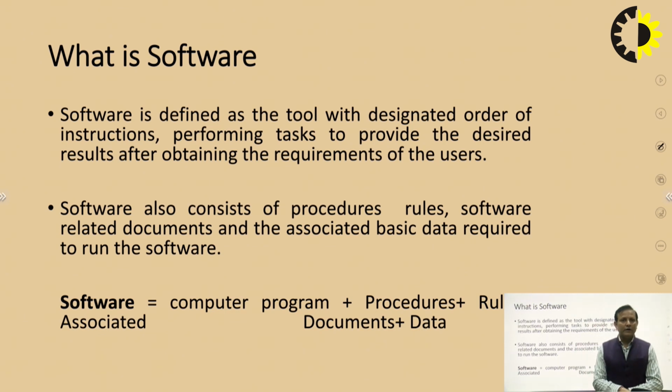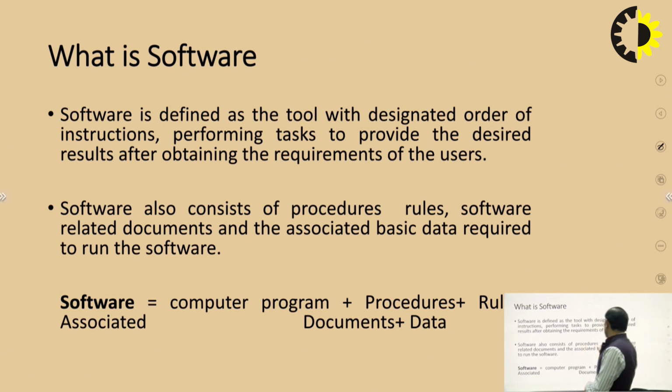So what do you mean by software? Actually, software is basically defined as a tool with a designated order of instructions which perform the task to provide the desired result after obtaining the requirements of the users.